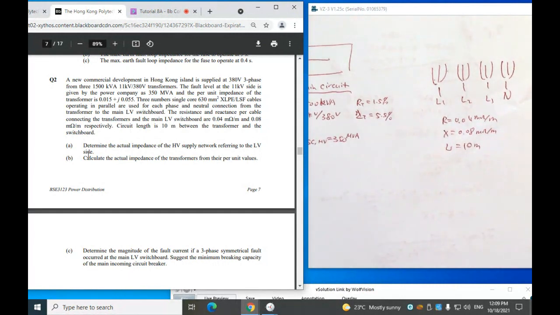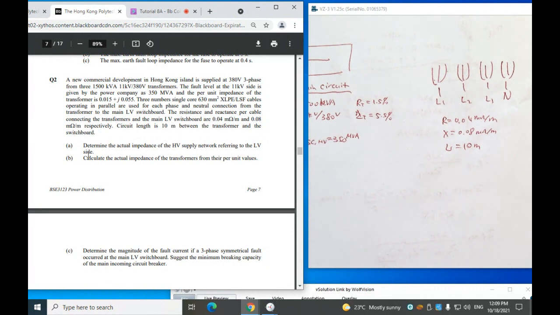Here is the information about this circuit. It is made of 3 single core cables for each phase, so overall we have 12 cables. The resistance of each cable is 0.04 milliohm, the reactance is 0.08 milliohm, and the length is 10 meters.